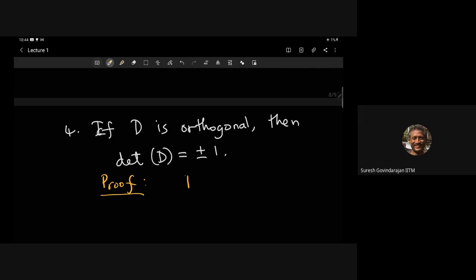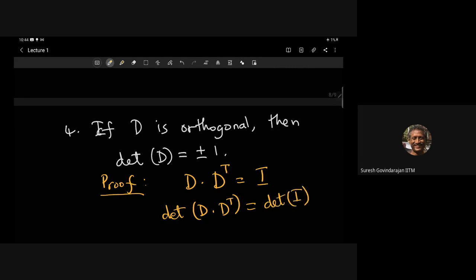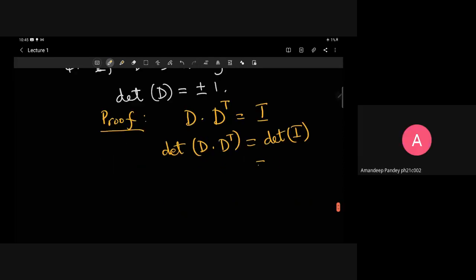So what is an orthogonal matrix? So take determinant on both sides. What is the determinant of identity matrix? 1. So 1.